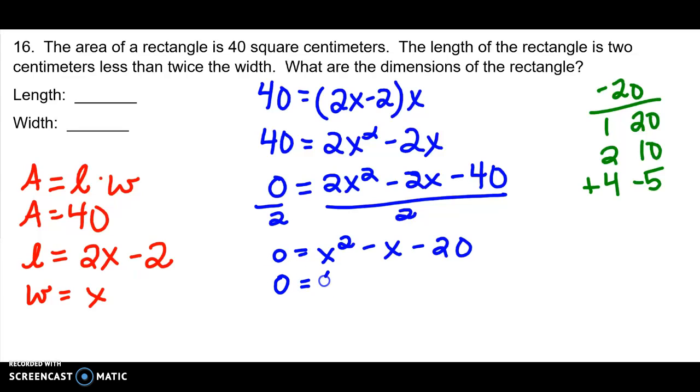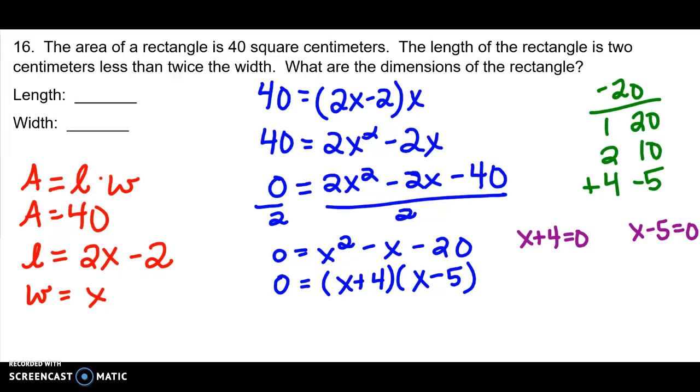So I have 0 equals x plus 4 and x minus 5. Okay, the next step, remember, is to set those factors equal to 0. So I have x plus 4 equals 0 and x minus 5 equals 0. And solve each of these equations.